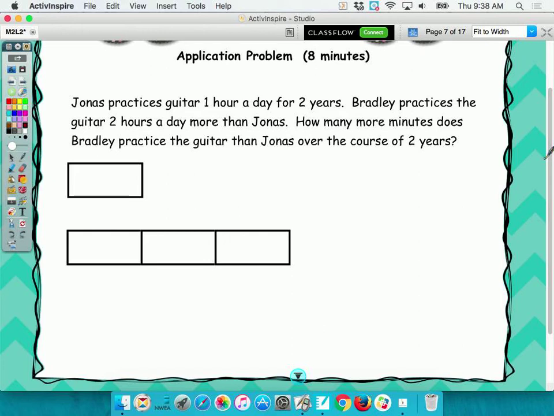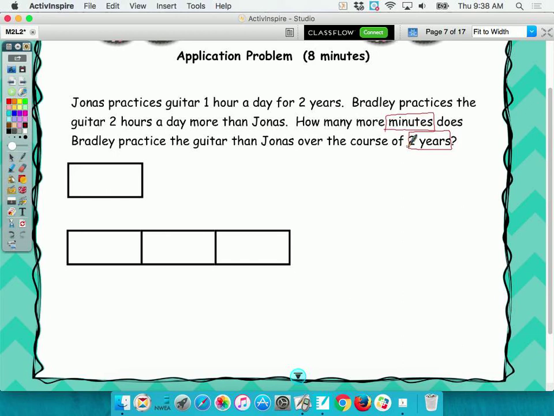Bradley practices the guitar 2 hours a day more than Jonas. So how many total hours does Bradley practice? 3 hours. Okay. So 3 times as much as Jonas. How many more minutes does Bradley practice the guitar than Jonas over the course of 2 years?